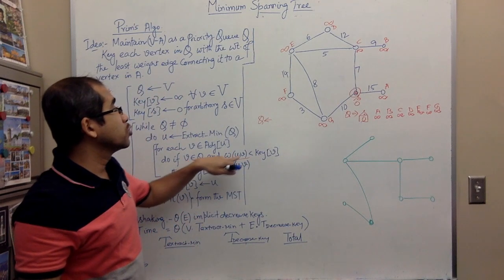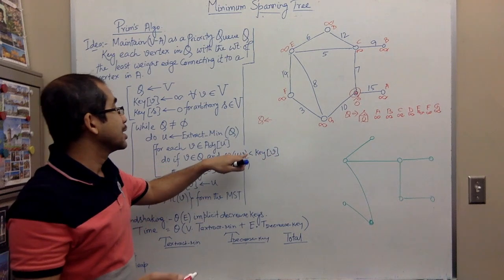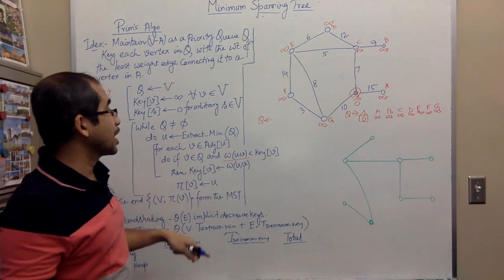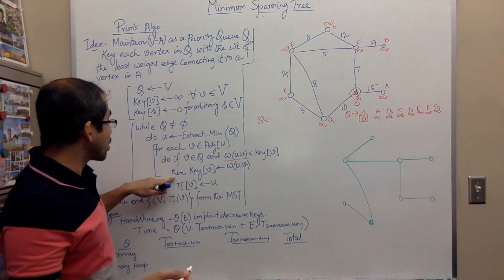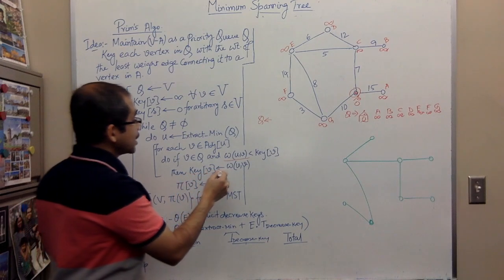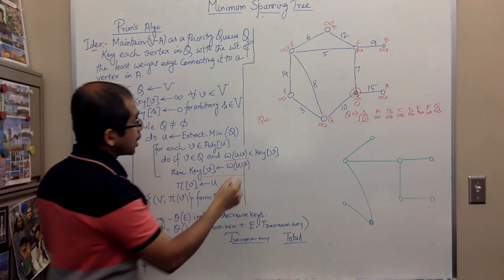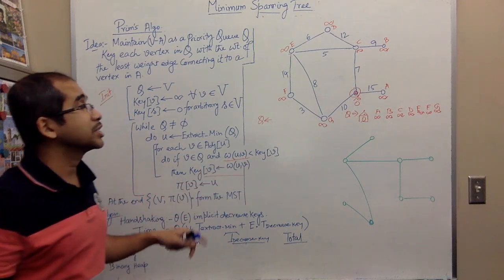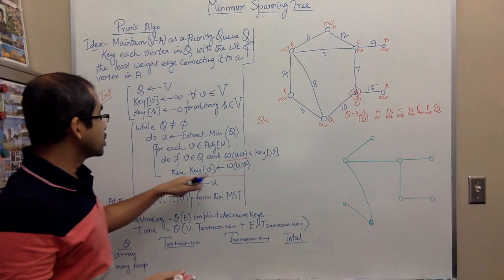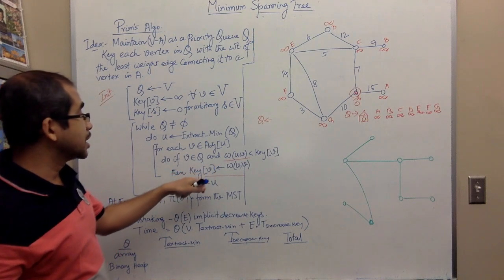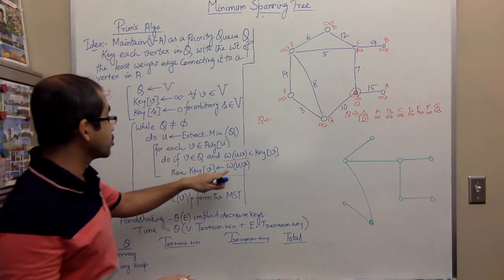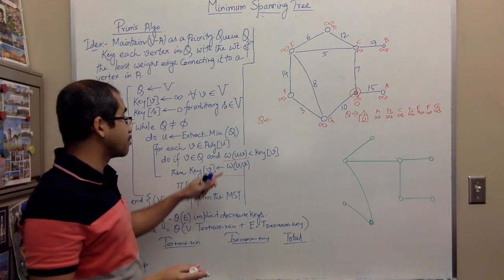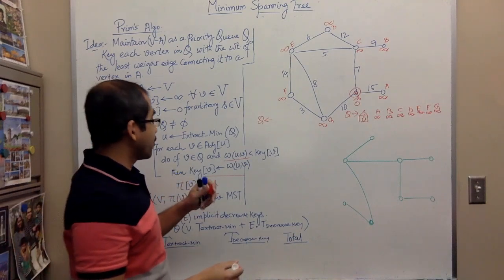Weight of edge U and V, that means S to A, is less than the key of A, which is infinity. Then key of V is replaced with this new distance estimate, which is actually the edge weight connecting S to A. This is called the decrease key operation. So I reduce the key, change the key, update the key, you can say, modify the key.